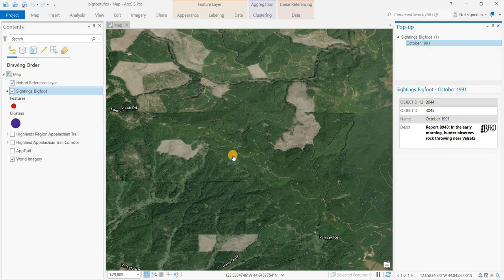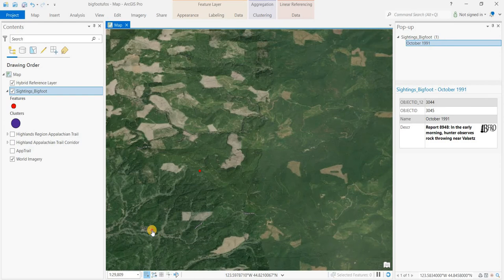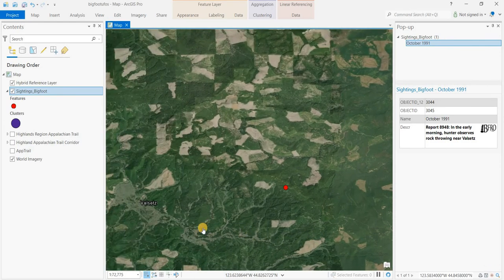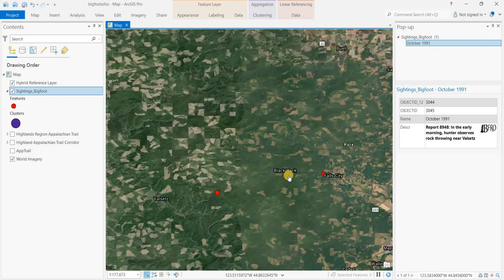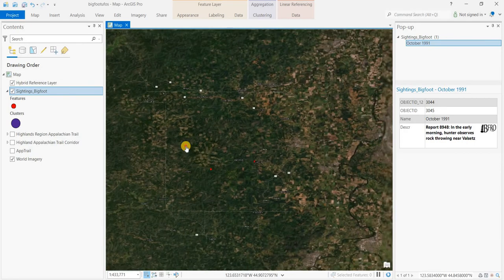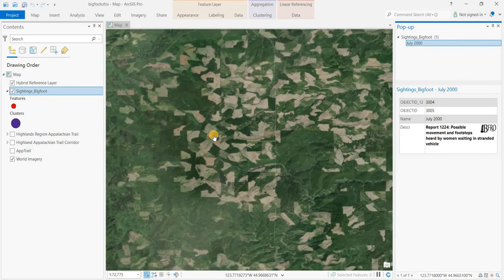In the early morning, hunters observe rock throwing near Val Setz. The Val Setz Road down here. It's east of Val Setz, between Val Setz and Black Rock. July 2000. Possible movement and footsteps heard by women waiting in stranded vehicle. Oh, that would really suck, wouldn't it?